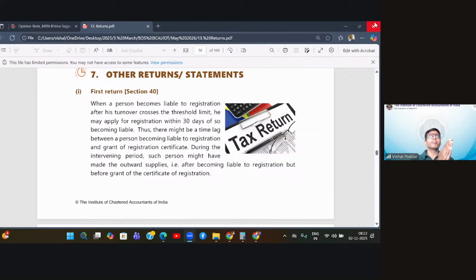You can at most nullify it using the option given in your GSTR1 table of amendment and all, but you cannot revise it. So let us say I prepared one invoice and I find there is some mistake. Can I cancel it? Yes, you can cancel it, but you cannot revise it.